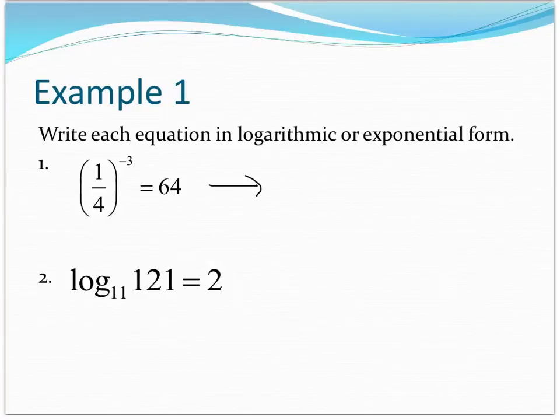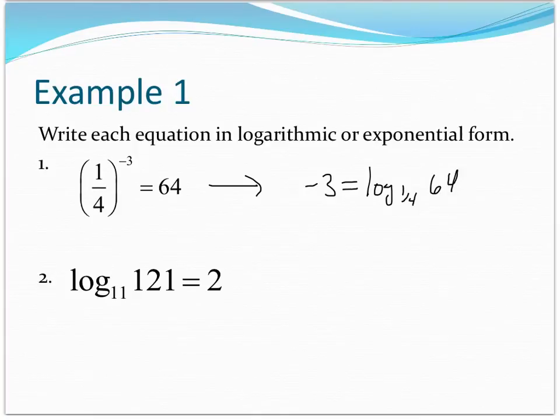I know that in a log, I'm equal to the exponent. My exponent is -3. I write my log, the base is 1/4, and it's of 64. So log base 1/4 of 64 is equal to -3.